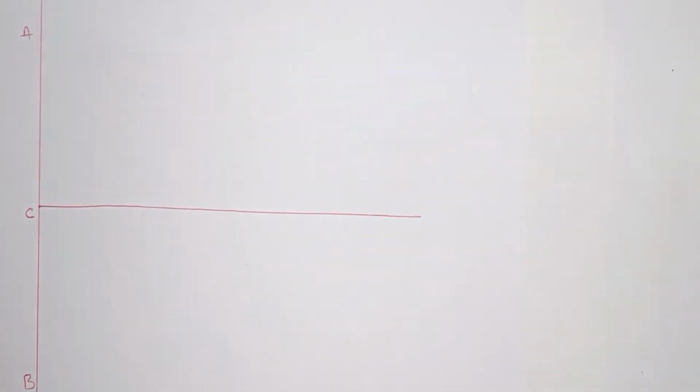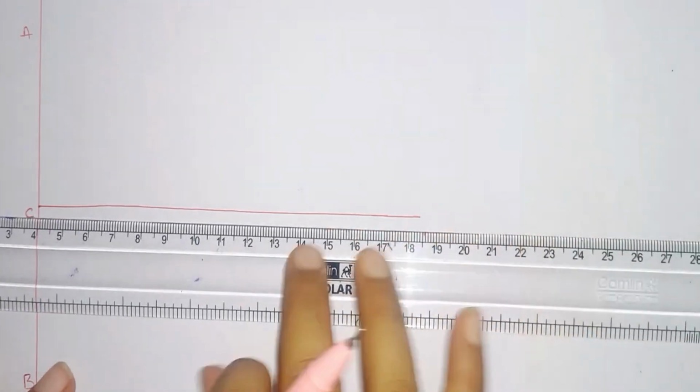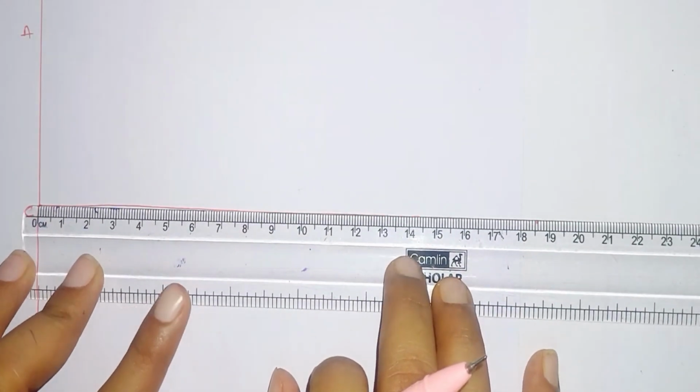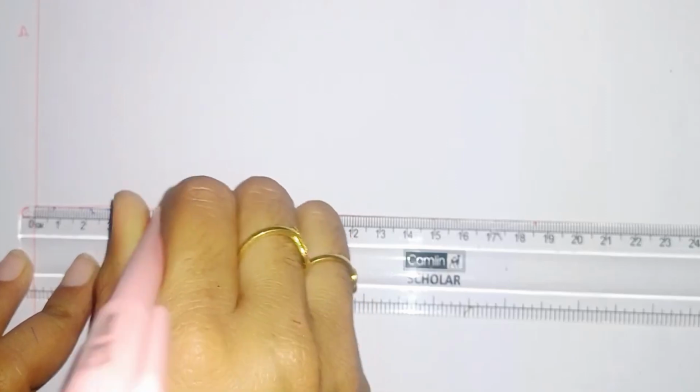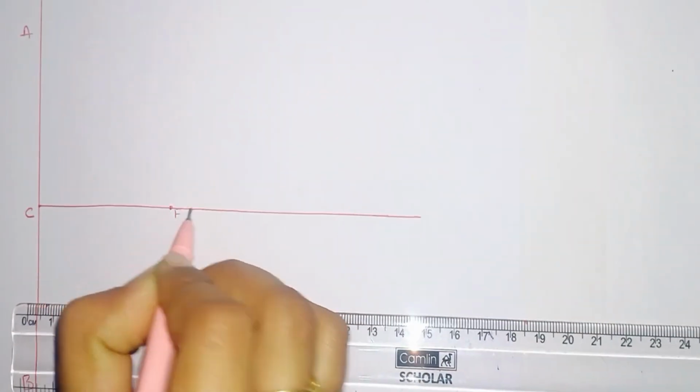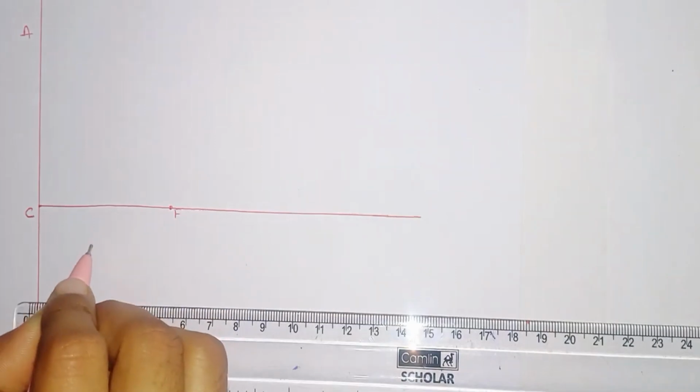Take the scale and measure 5 centimeters, that is 50 mm, and put the mark of the F point. This distance is 50 mm.